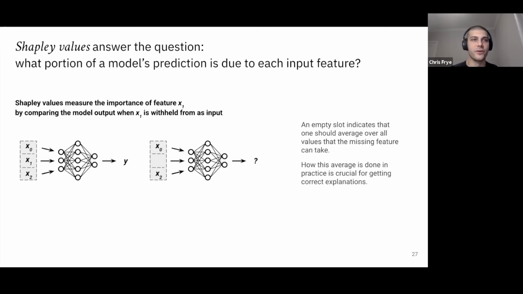Now, right away, this forces us to ask the question, what does this empty input slot mean? Of course, the model's output can only be evaluated if all the input slots are filled. So what this really means is that we should compute the model output averaged over all the possible input values for x1. And what we'll see over the remainder of the talk is that the way this average is performed is crucial for getting correct explanations.